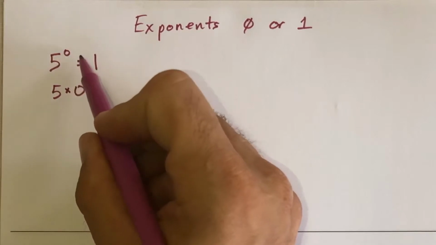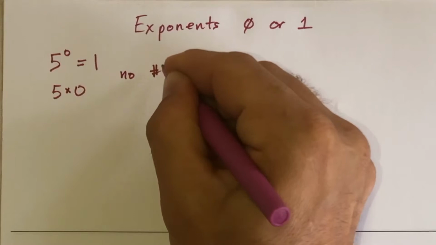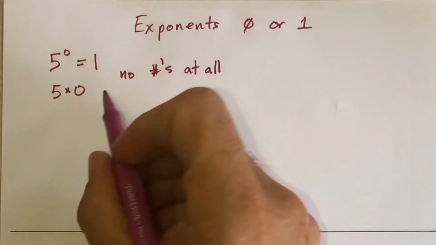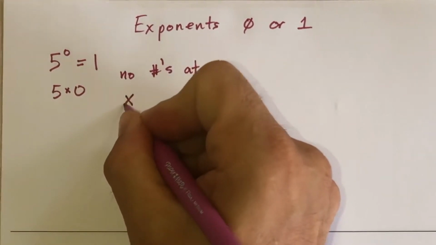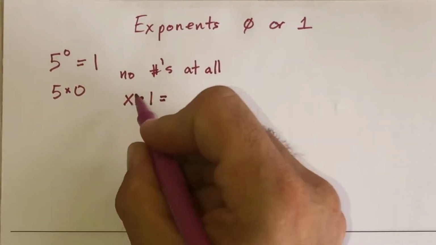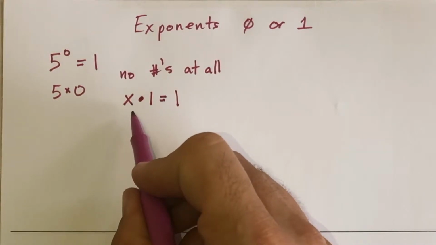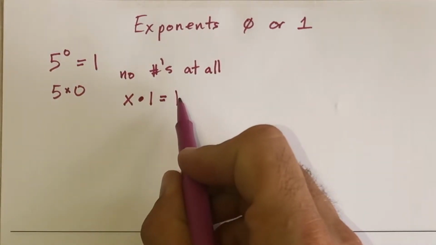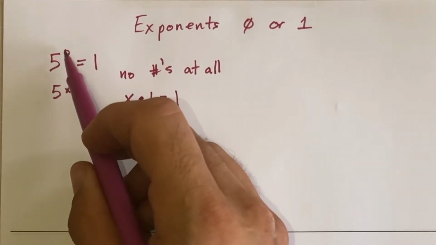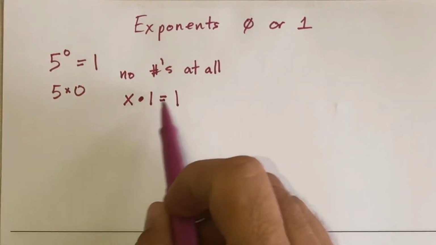You are basically multiplying no numbers at all. If you're not multiplying any numbers at all, you're just multiplying by 1, and any number multiplied by 1 is 1. They call this a multiplicative identity. We are not raising this number to any power, and if we're not multiplying any number at all, then the answer here will just be 1.